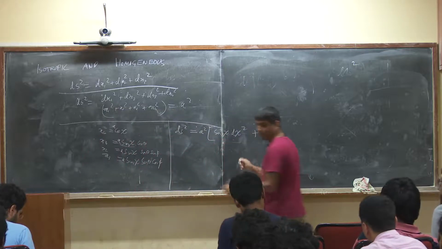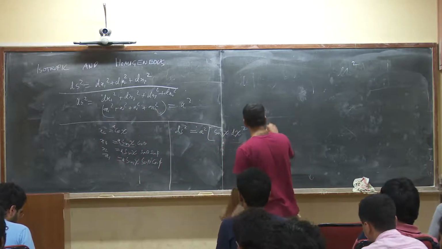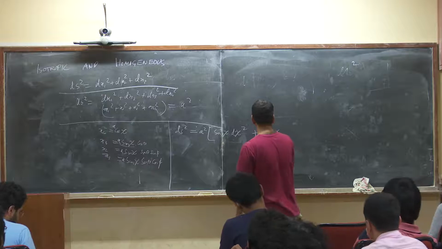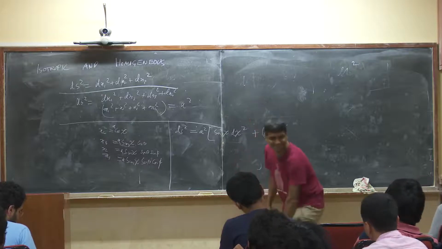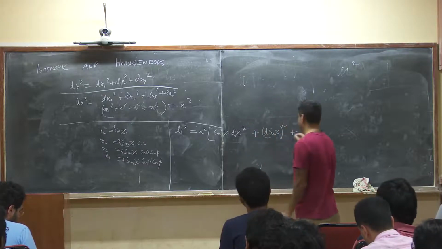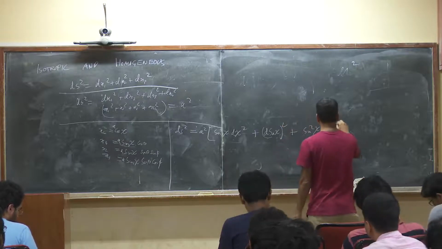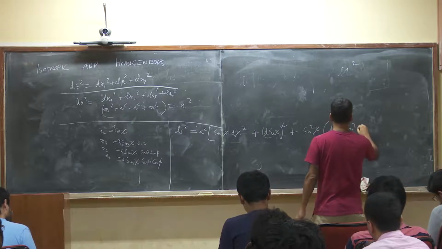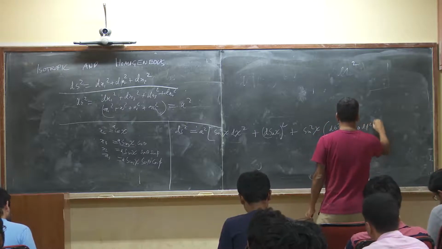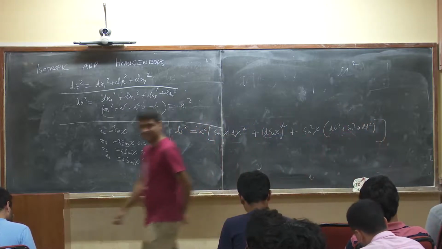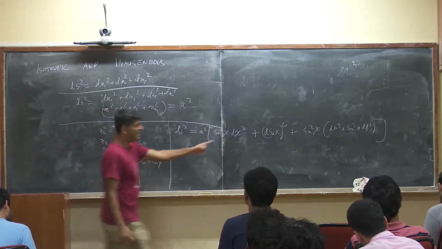So in polar coordinates we get dr squared, so that we'll get d sine chi, the whole thing squared, plus r squared, which is sine squared chi, times d theta squared plus sine squared theta d phi squared. Is this clear? But what's d sine chi, the whole thing squared?